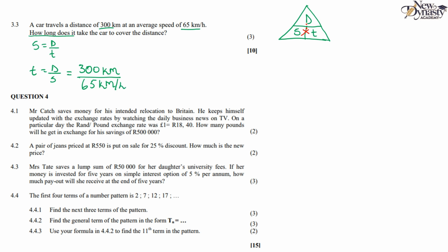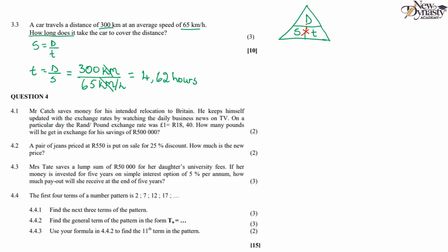In this case, you can just quickly use a calculator. 300 divided by 65, then we get the value of 4,61, but it's going to be 62 if you round it off to 2 decimal places. The number after 1 is 5, and remember 5 and above, you add 1 to the previous number. So hence I've got 4,62 hours in this case. So that's how you're going to write that, because your kilometers and kilometers are going to cancel, then you're going to have only hours there.